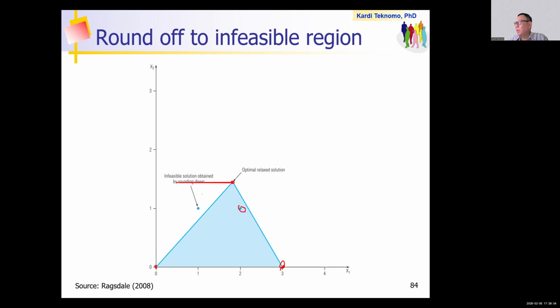But if you round down from here, say from this circle, it will become infeasible. Similarly, if you round up a little bit in here, then it will become infeasible. So in two dimensions you can see, but in reality, if you have many variables, you cannot see. So this is also a big problem.